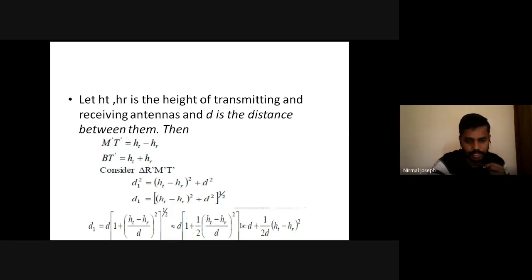So this will be almost equal to D into 1 plus 1 by 2 HT minus HR by D the whole square. So D1 is equal to D plus 1 by 2D into HT minus HR the whole square. Okay, so we have found D1.